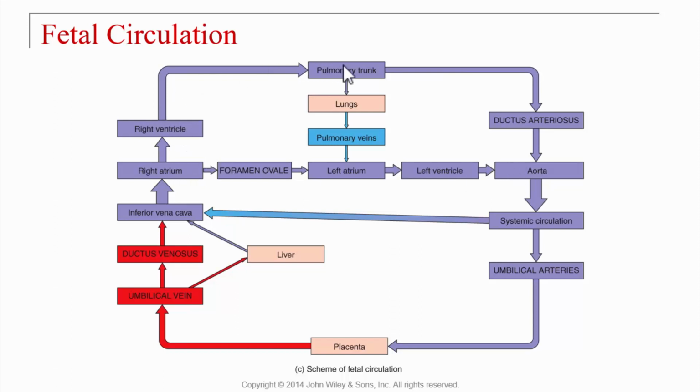Or as blood goes into the pulmonary trunk, it can go through the ductus arteriosus into the aorta, and then into the systemic circulation. Some of that blood will return to the inferior vena cava, and some of that blood will go on into the umbilical arteries and to the placenta.